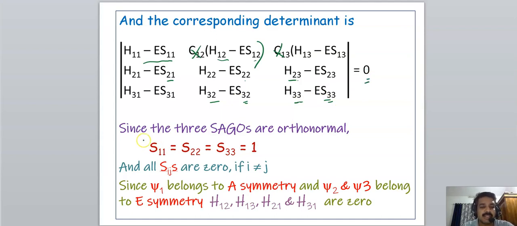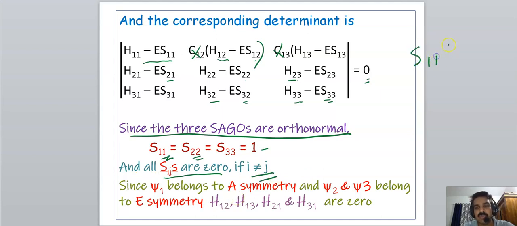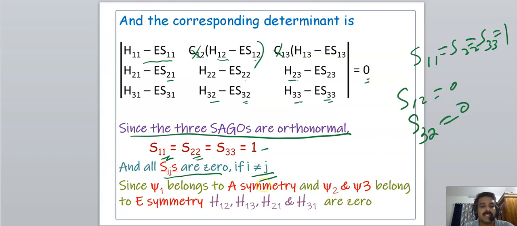And since, as I have told you, these three psi's are orthonormal, S11, S22 and S33 are equal to 1, and all S_ij are 0 if i is not equal to j. That is, S11 equal to S22 equal to S33 equal to 1, and S12, S32 terms like that are equal to 0, because these wave functions are orthonormal.